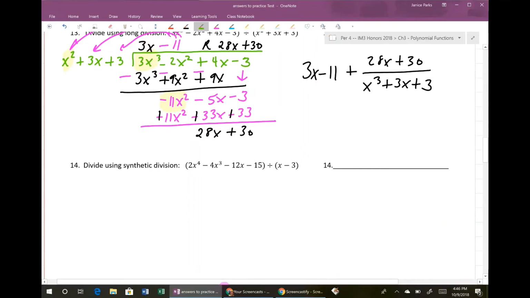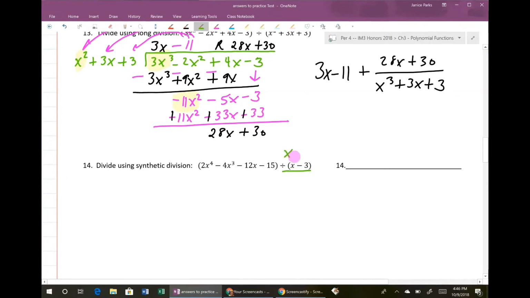For number 14, you're going to be doing synthetic division. So since they give you x minus 3, you're going to be using x equals 3 in the synthetic. Inside, you're going to have a 2, a negative 4. We need a 0 for the x squared, negative 12 for the x, and a negative 15.